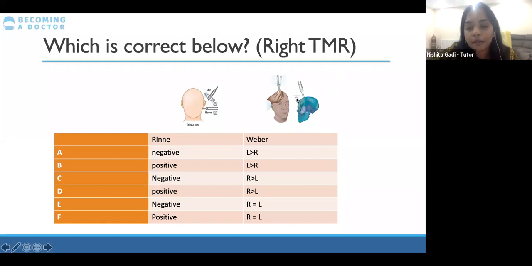So because you have conductive hearing loss, in the Weber's test, the vibration from the tuning fork will be heard via the bad ear first. Because this is a right tympanic membrane rupture, you know that right will be louder than left.